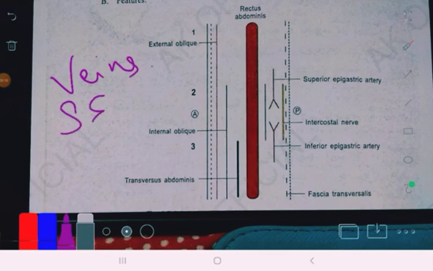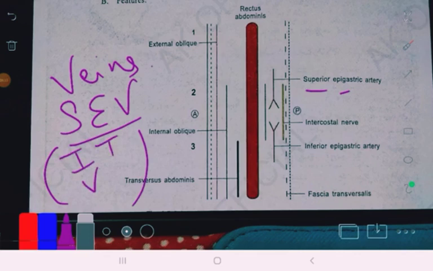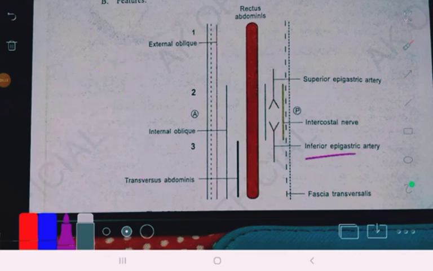Now the veins are the same. Superior epigastric vein drains into internal thoracic vein, and inferior epigastric vein drains into external iliac vein.